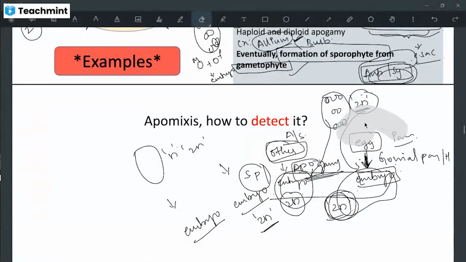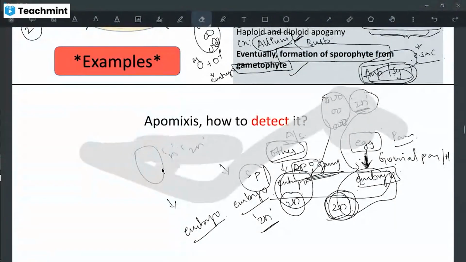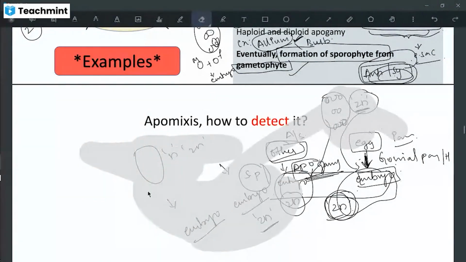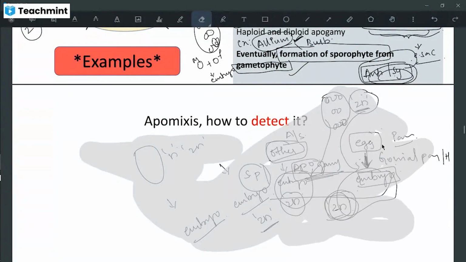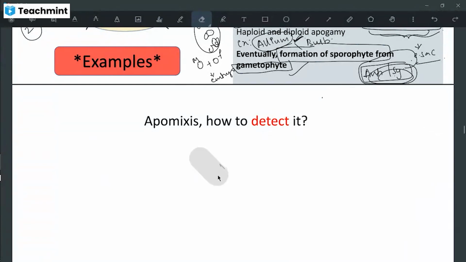And now, can anyone tell me the techniques or anything how we can detect apomixis, that this plant reproduced by apomixis mechanism? How can you know? Anyone?